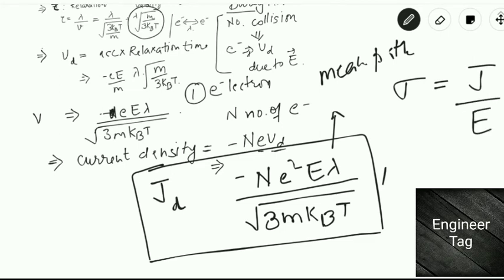So sigma was found to be n e square lambda over under root of 3m kbt.